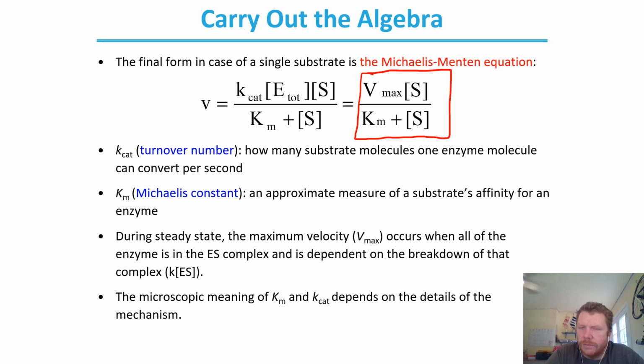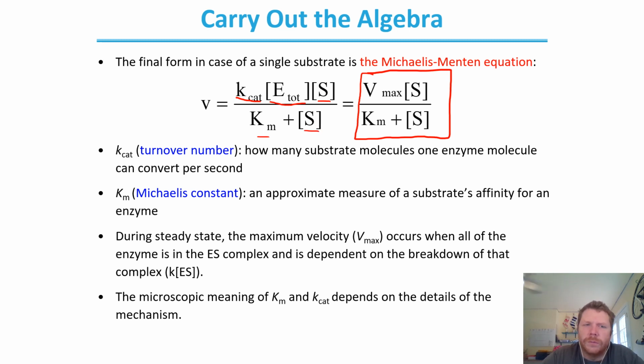Vmax, the maximum velocity that your reaction is going to be catalyzed, times your substrate concentration divided by your Km plus your substrate concentration. Now, that is equal to Kcat times our total enzyme concentration times our substrate divided by Km plus our substrate.